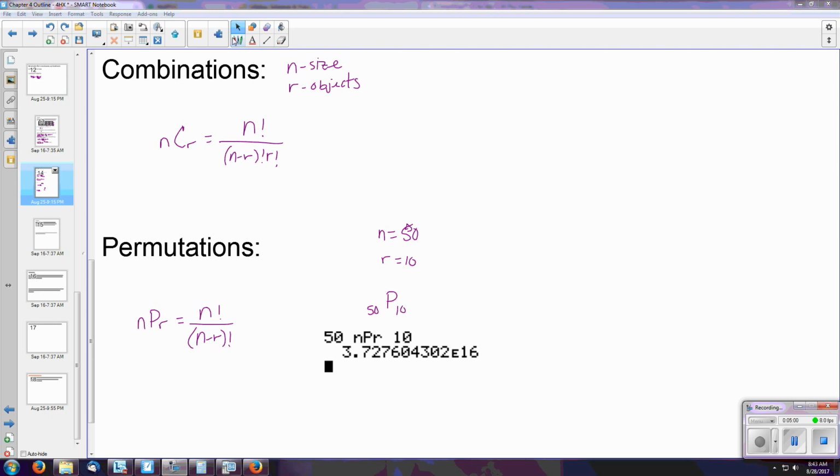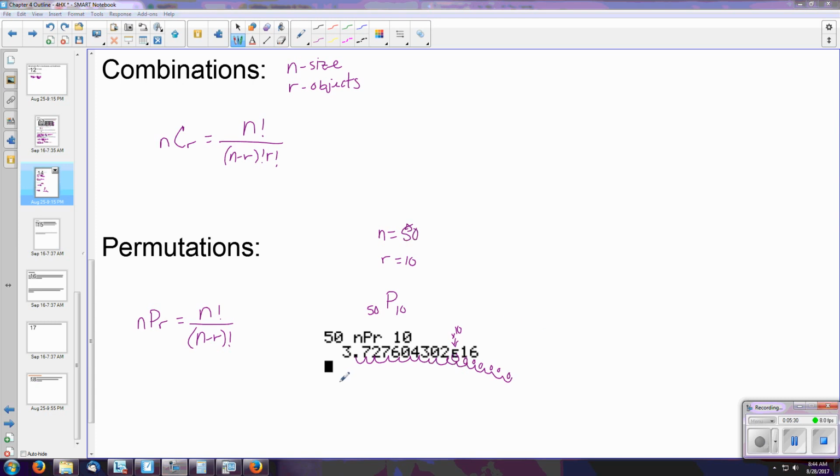So what we're going to do here to finish simplifying that is see how it's e here? That means times 10 to the 16th power. So the shortcut to that would be move your decimal 16 places to the right. So that's 9, and then add in extra spaces for zeros.